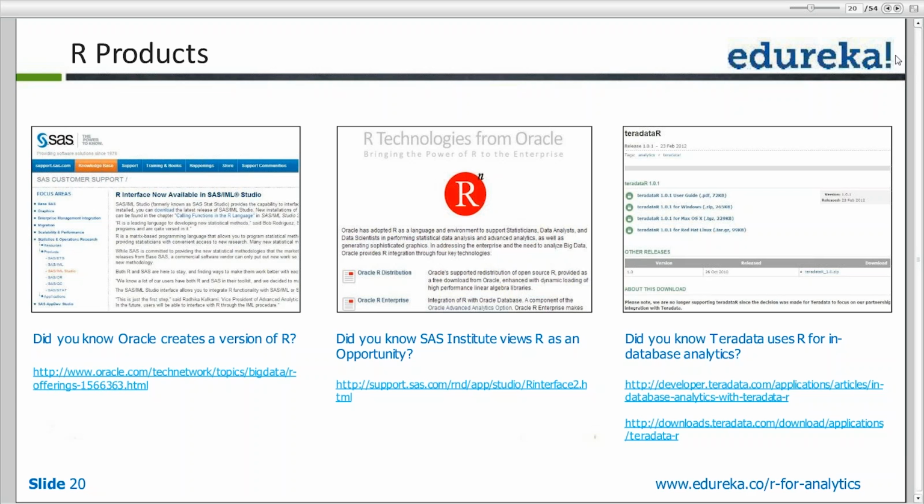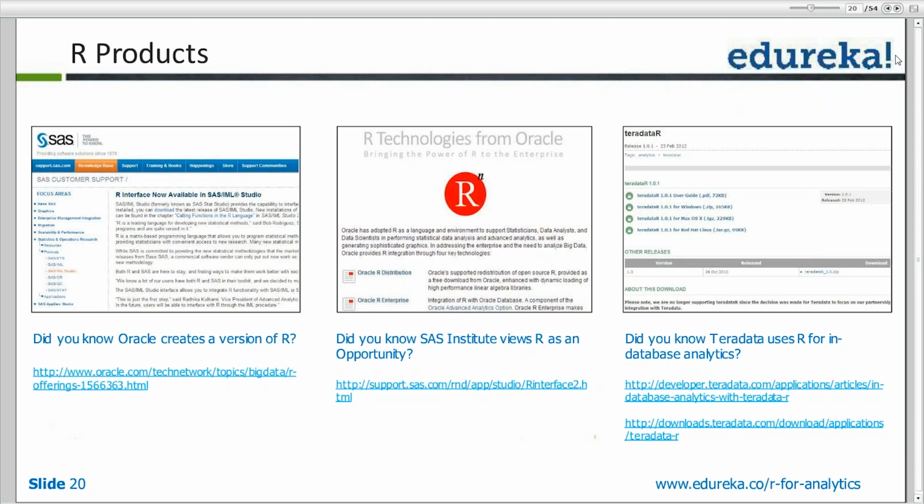That would incur the costs of moving information from one server to another, and all of that can be avoided because the R programming language is integrated into the Teradata database itself. So this is what is called in-database analytics, and is the in thing in the analytics industry today.